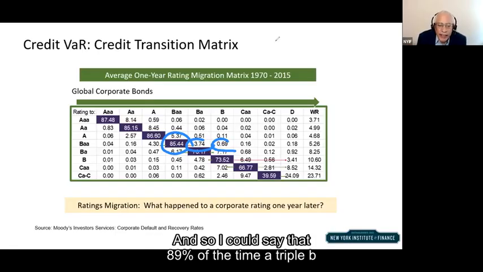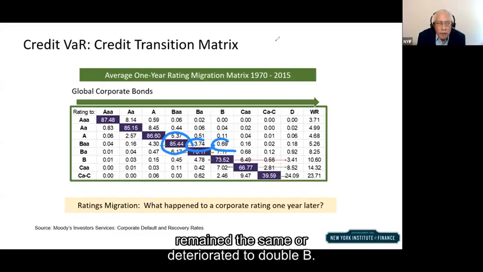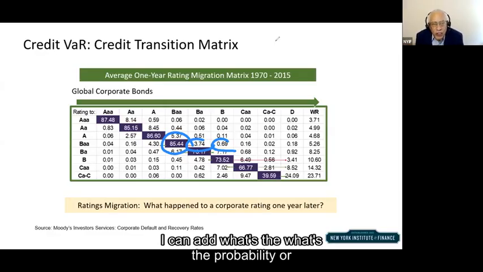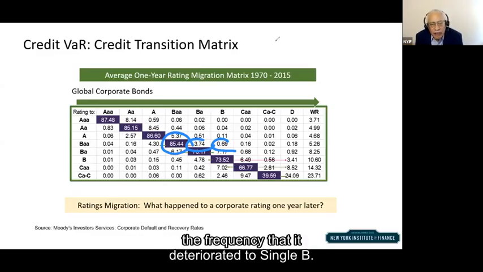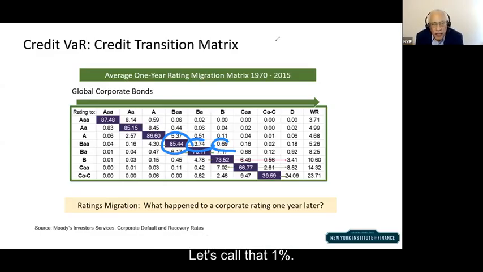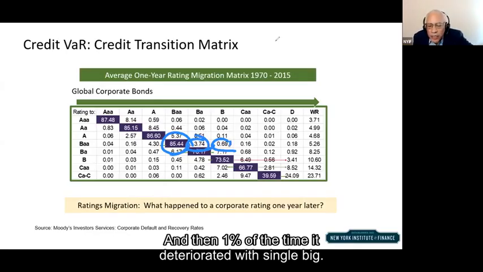And so I could say that 89% of the time, a triple B remained the same or deteriorated to double B. I can add what's the probability or the frequency that it deteriorated to single B. Let's call that 1%. So I can say 85% stayed the same, 4% it deteriorated to double B, and then 1% of the time it deteriorated to single B.